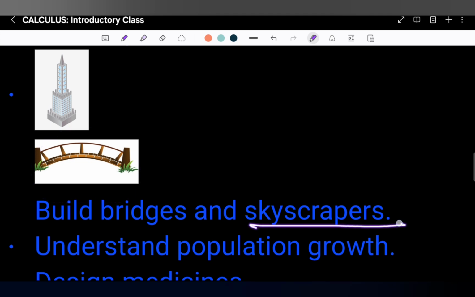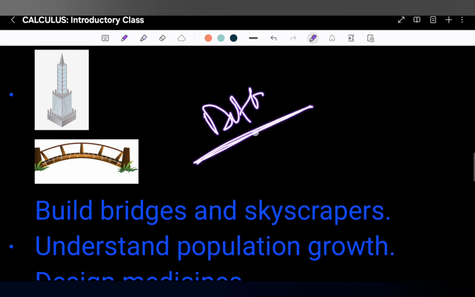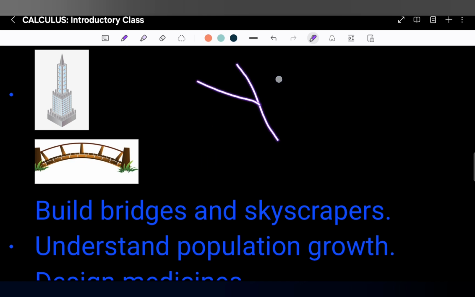In the case of skyscrapers, when there is an earthquake or strong winds, these skyscrapers start to sway. As per calculus, we use differentiation to determine how much swaying is allowed, meaning what amount of swaying is not harmful for a particular skyscraper.